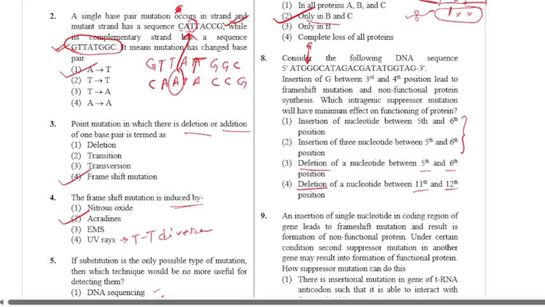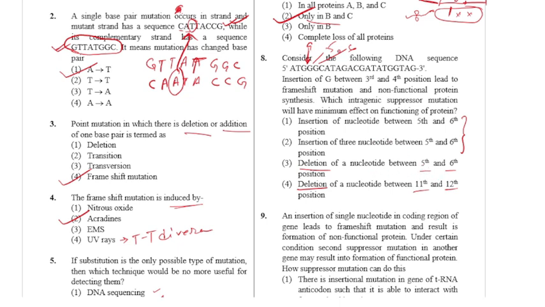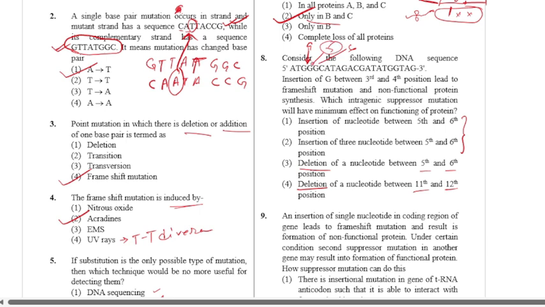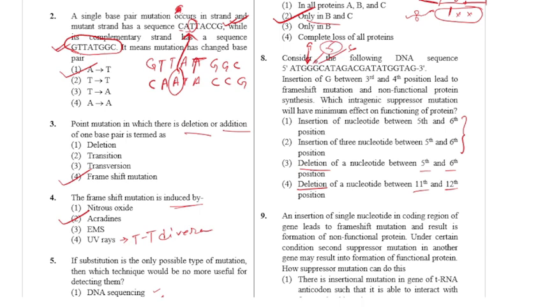The 5th and 6th are G, near the G insertion we did previously.